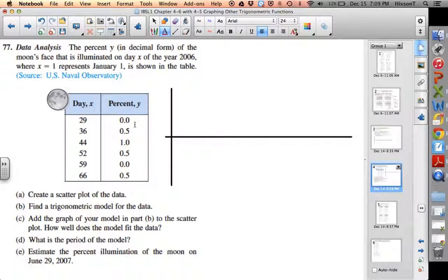You can obviously see your amplitude is still going to be 1. Or I'm sorry, your amplitude is actually going to be a half. But you should be able to find the trig model for that. You'll have to do a little bit of horizontal shift on that as well, like we did on the other ones. Then there's just a couple of questions that you might already know the information for, like on D, by the time you've gotten the trig model. So hopefully this is helpful.